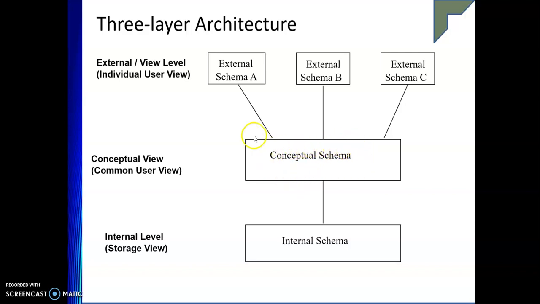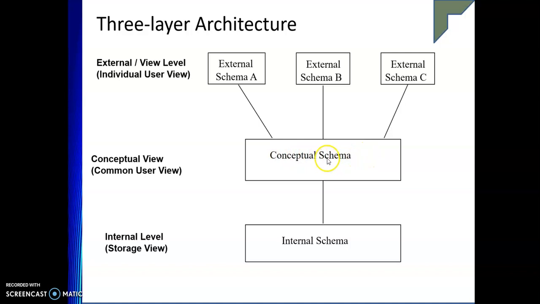In the conceptual schema, each of these, employee and department, is represented in the form of tables. That becomes your conceptual view, because each entity is nothing but a relation in terms of RDBMS.